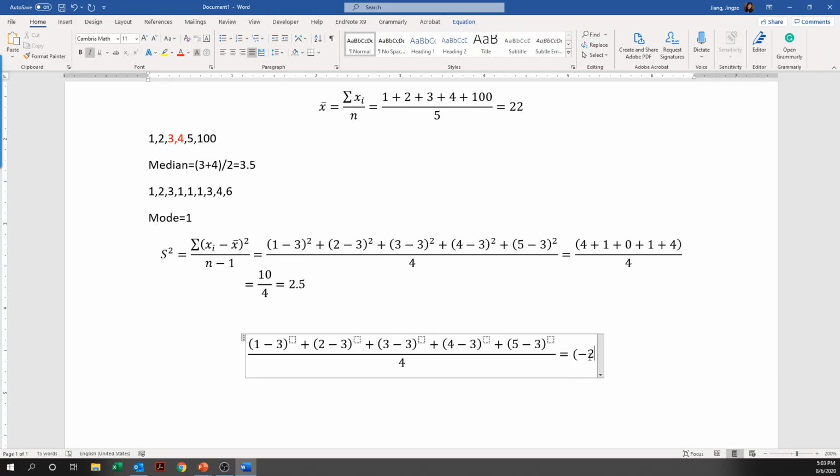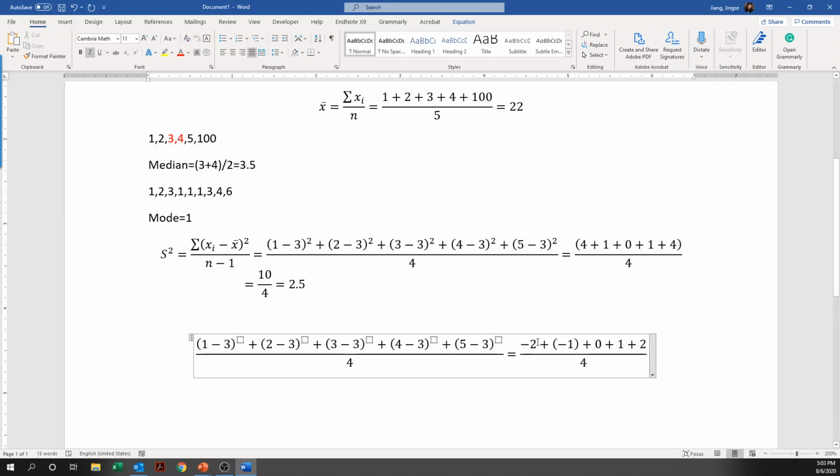So your numerator will become negative 2 plus negative 1 plus 0 plus 1 plus 2, divided by 4. If you look at the numerator, negative 2 and positive 2 cancel each other, negative 1 and positive 1 cancel each other, and there's a 0.